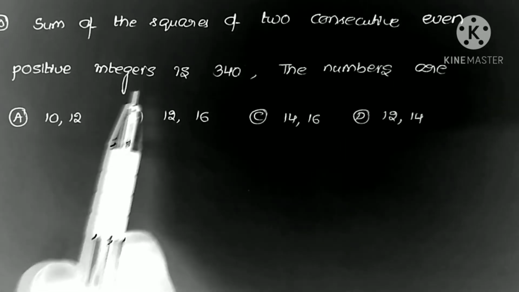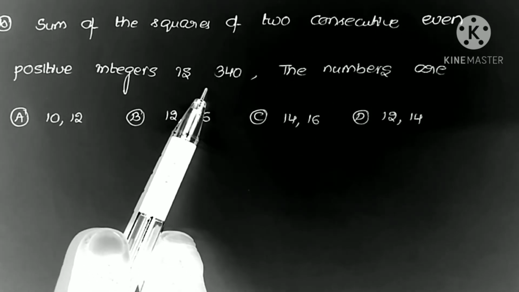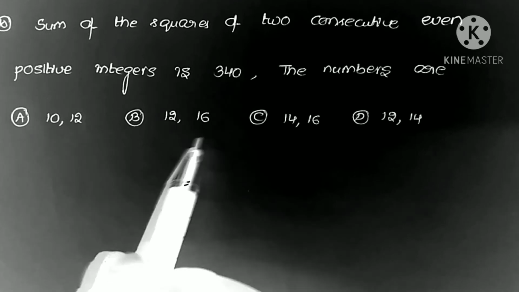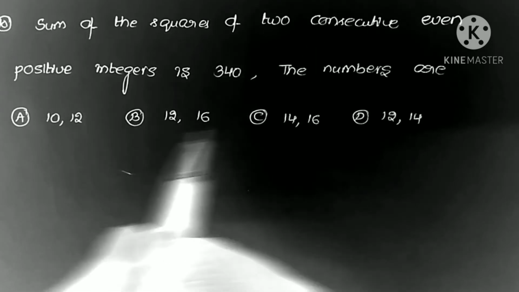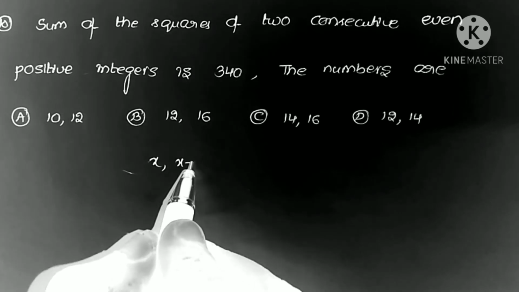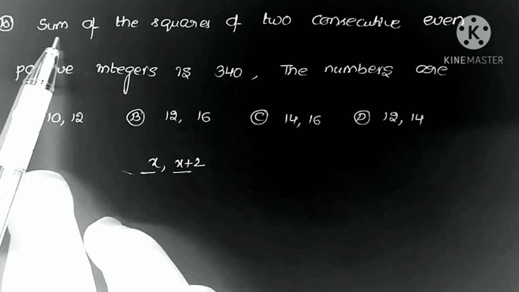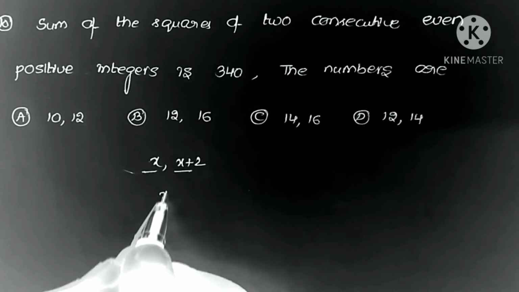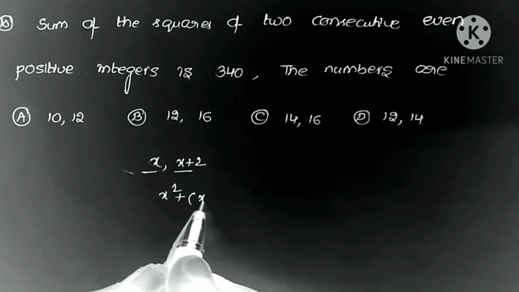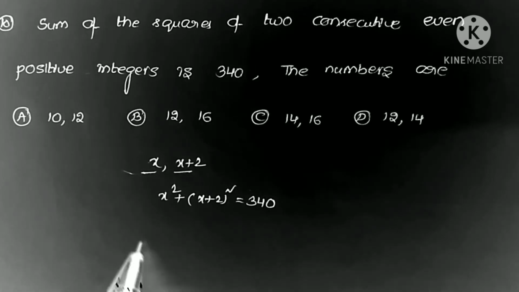Third option. Next problem, the sum of the squares of two consecutive even positive integers is equal to 340. Then the numbers are. So first we take the even positive integers as x, x plus 2. What is the given data? The sum of the squares of the numbers, that is x square plus x plus 2 whole square is equal to 340.